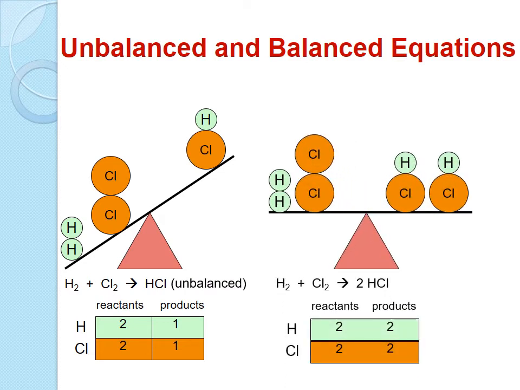Now what we do, this is quite simple reaction. We just multiply right hand side by 2. Now count again all these atoms of reactants and products. What we observe, all these atoms are now equal. This is balanced chemical equation.